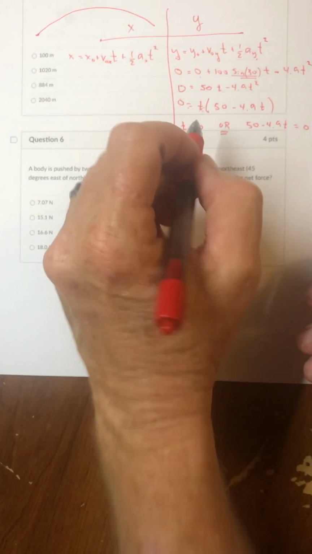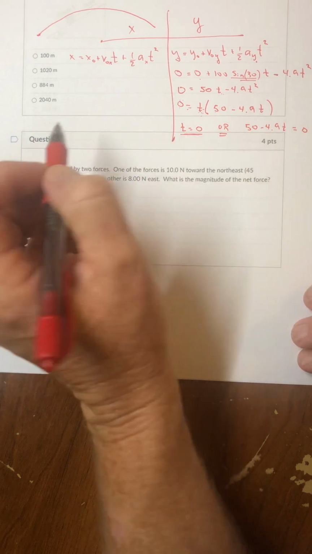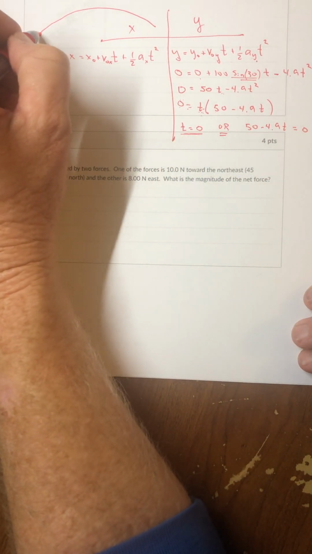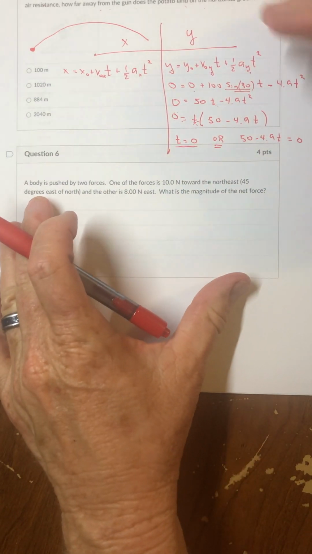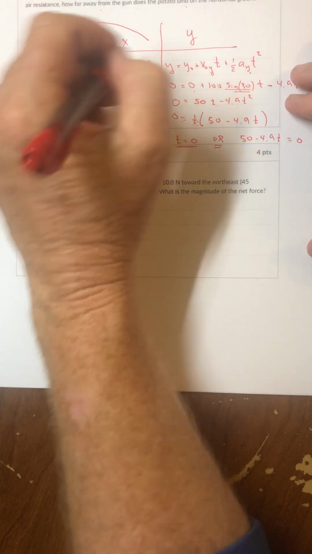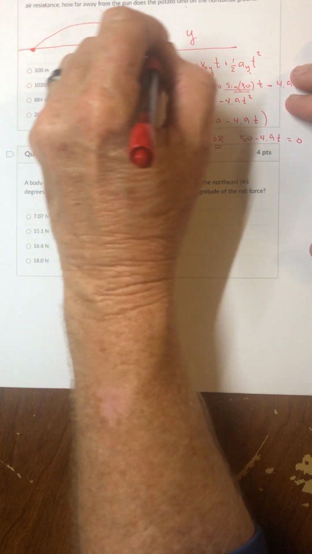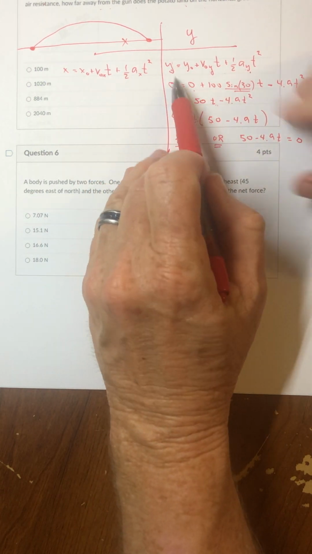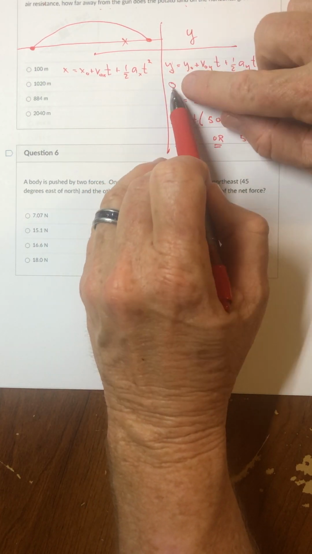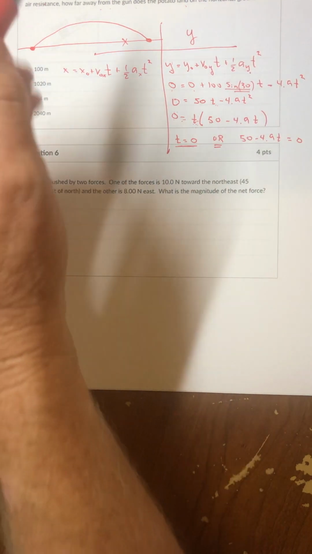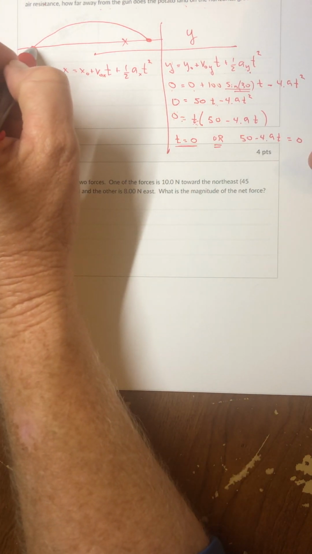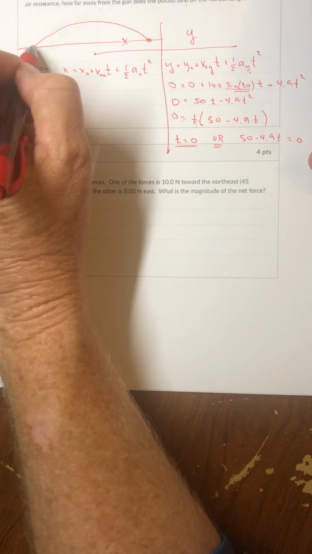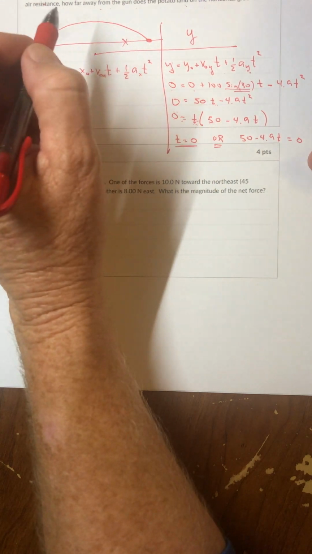Now, you can kind of see that this first solution really is where it gets launched from, because it's not a surprise that there are 2 answers, because when you shoot this potato, there are 2 moments in time when it is at a height of 0. I mean, that's what we said here. Mathematically, we said, I'm going to put in height of 0. And so mathematically, we have where it is initially launched, it's at 0, and then when it lands again.